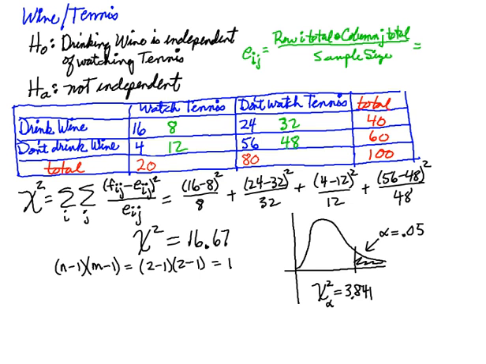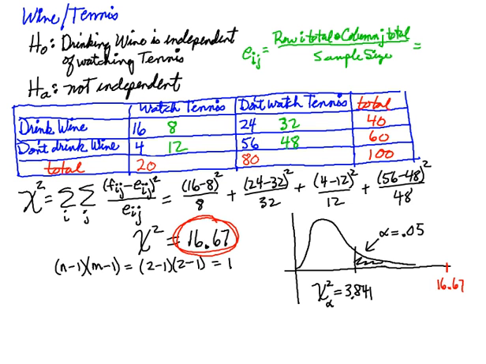So I want to compare that to my test statistic of 16.67, and I can see that 16.67 has got to be way out there. So that is very contrary to what we would have expected, given that, say, the null was true.